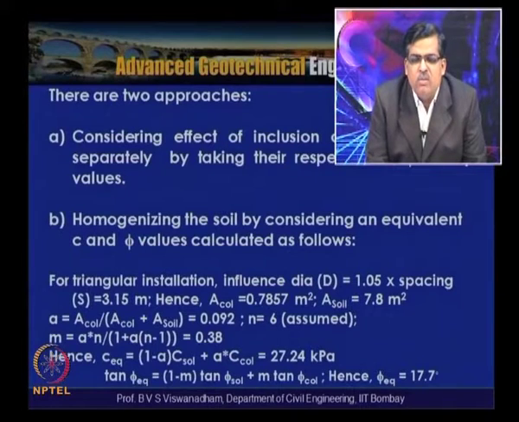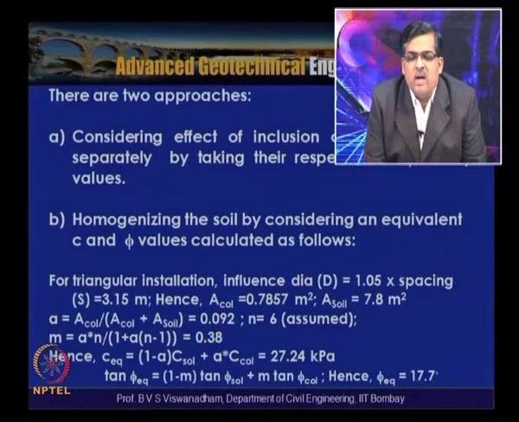That is, each granular pile or stone column caters to an area equivalent to a diameter of 3.15 meters. The area of the column, with a diameter of 1 meter, is pi by 4 into 1 square, which is about 0.7857 meter square, and the area of the soil is 7.8 meter square.